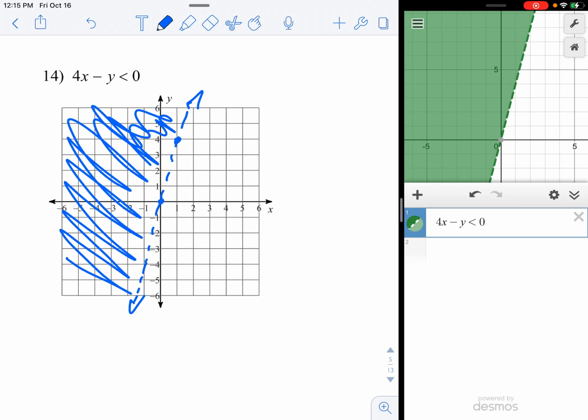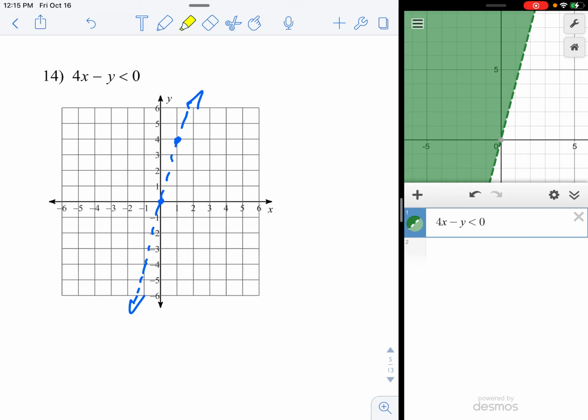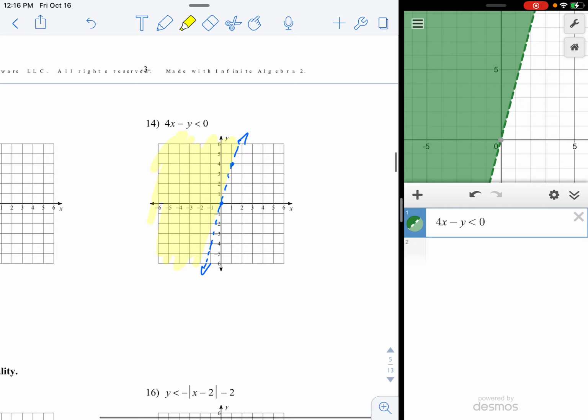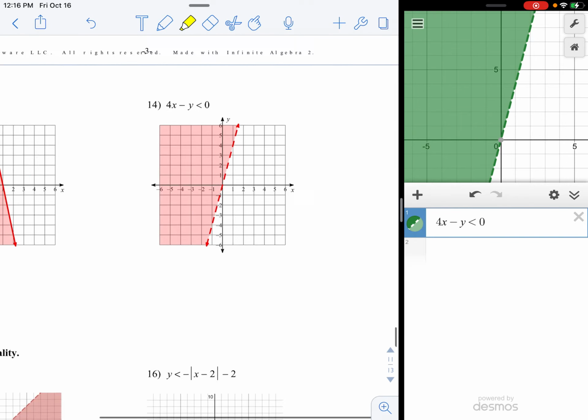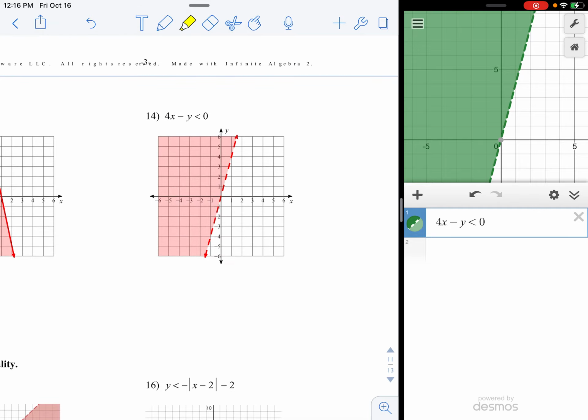Make it clear that it's a dotted line, not a solid line. Use your pencil to shade in if you prefer. If you have highlighters, or if you're a neat freak, or if you're using your iPad to do this work, the highlighter function makes a fairly decent end product. So anyway, there's number 14. Let's check number 14. There it is, the same thing.